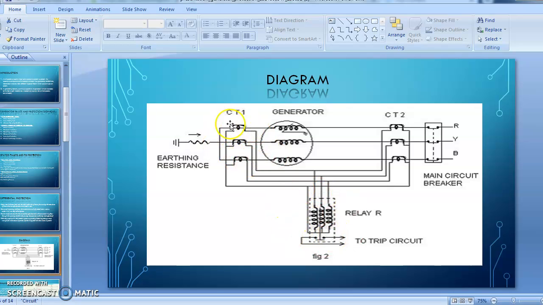When the currents of both CTs are the same, no current is likely to pass through the relay coil and the relay will not operate. But whenever there is a fault in any one of the windings of the generator, the currents of the two CTs will not be equal. As a result, current will flow through the coil of the relay, the relay circuit will be energized, and it will instigate the trip circuit to discriminate the faulty part of the circuit from the healthy part of the circuit.